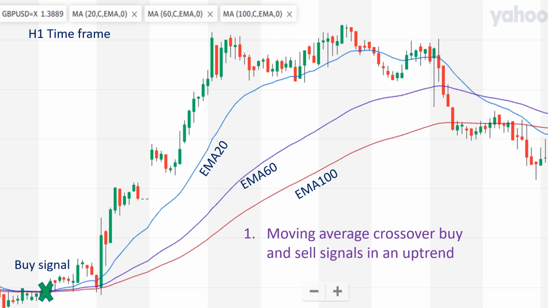So you can enter the market here and put your stop loss below the EMA 100, maybe 1 or 2 ATR.